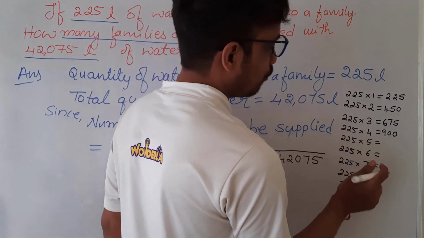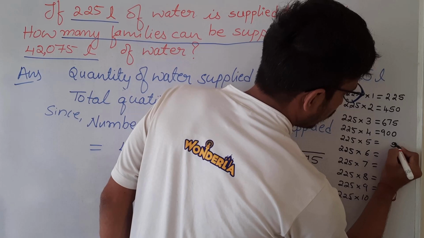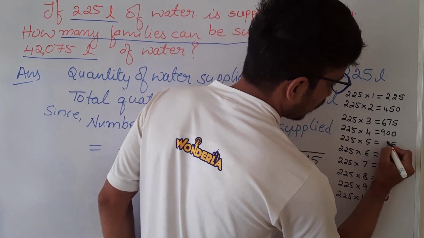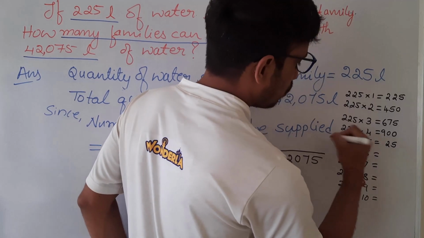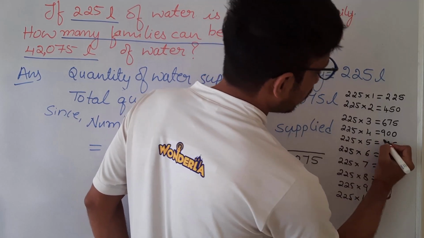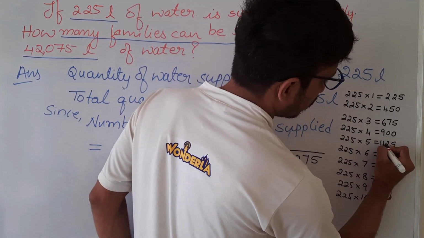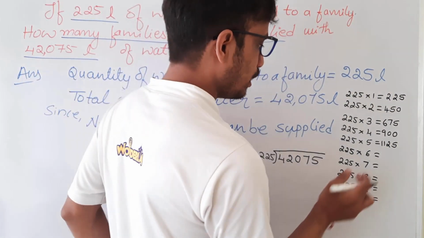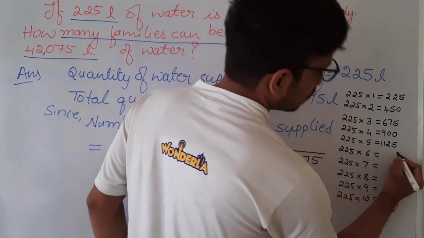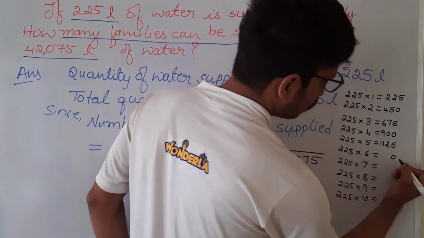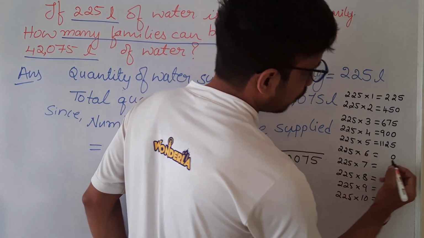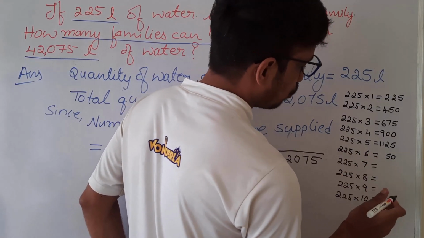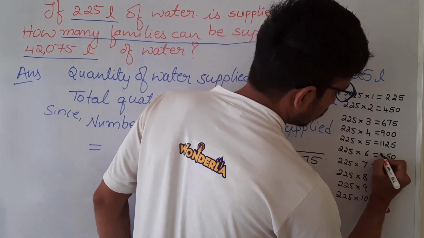Now we will go to the 5. 5 into 5, 25, 2 carry. 5 into 2, 10, 10 plus 2 carry, 12, 2 here, 1 carry. 5 into 2, 10, 10 plus 1 carry, 11. We got product as 1125. Next we will multiply with 6. 6 5s are 30, 0, 3 carry. 6 2s are 12, 12 plus 3, 15, 1 carry. 6 into 2, 12, 12 plus 1, 13.